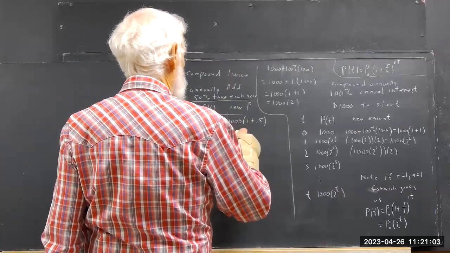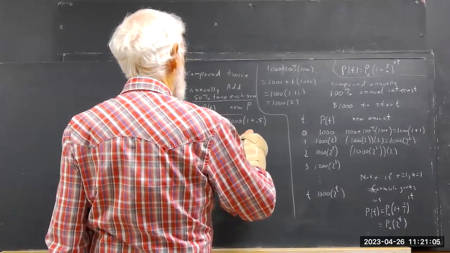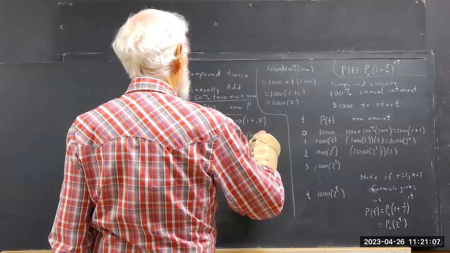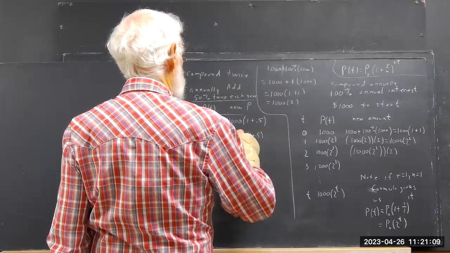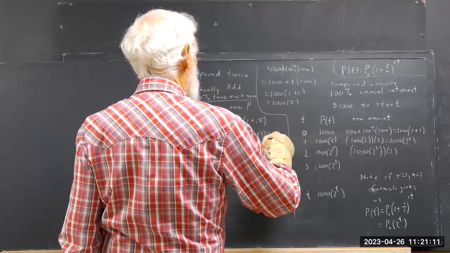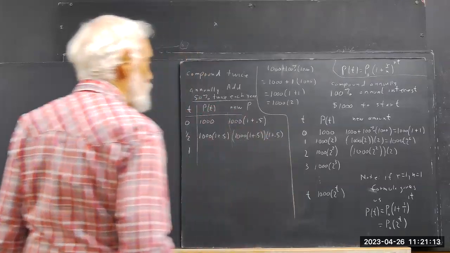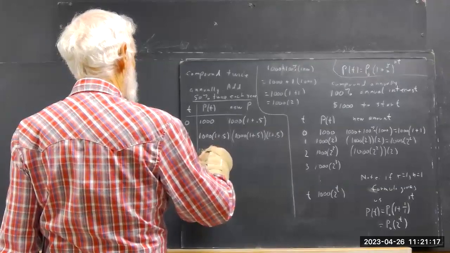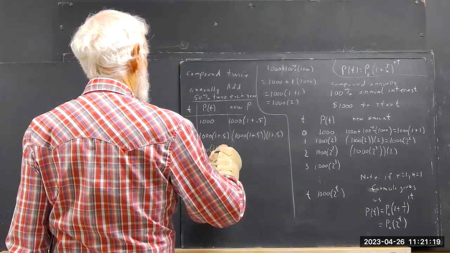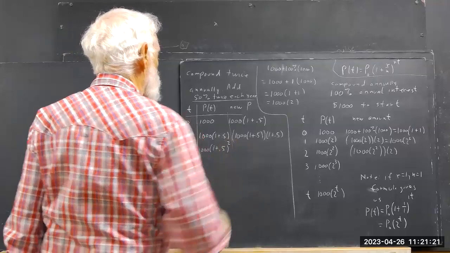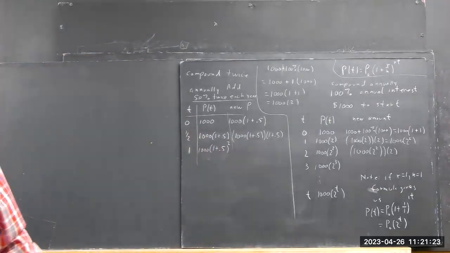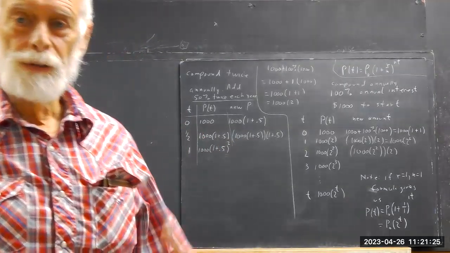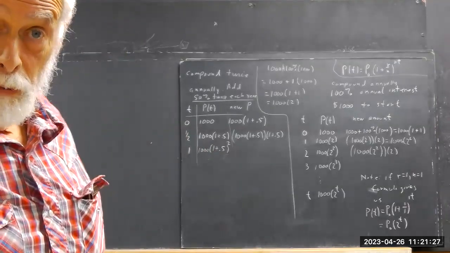Then our new principal is going to be 1,000 times 1 plus 0.5 times 1 plus 0.5, which is 1,000 times 1 plus 0.5 squared, or just 1,000 times 1.5 squared.